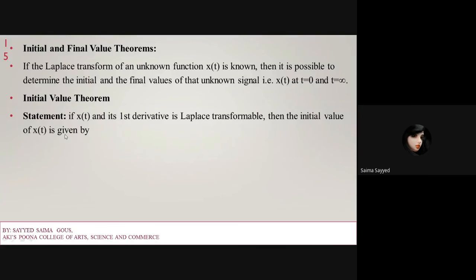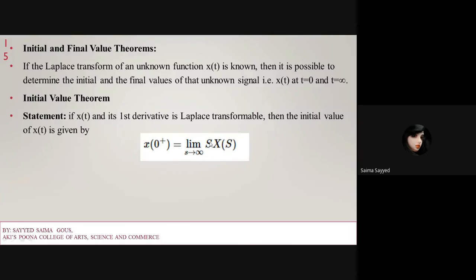The statement of the initial value theorem is, if x of t and its first derivative are Laplace transformable, then the initial value of x of t is given by x of 0 equals limit s tends to infinity of s into X of s.